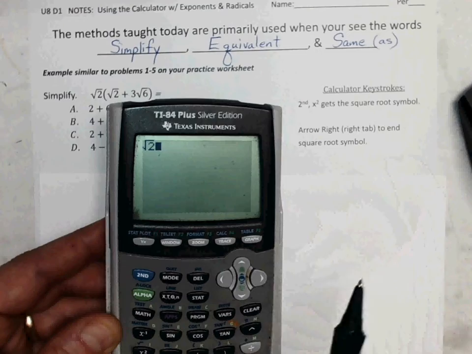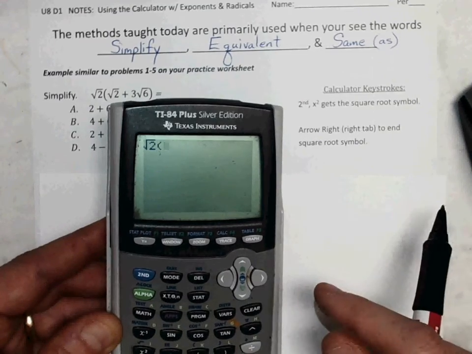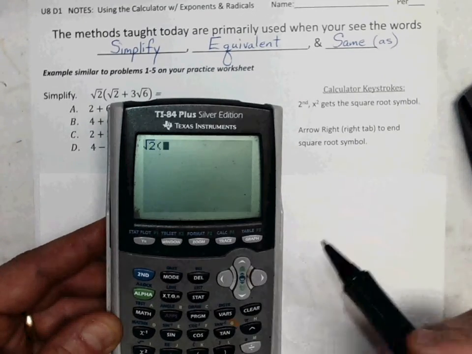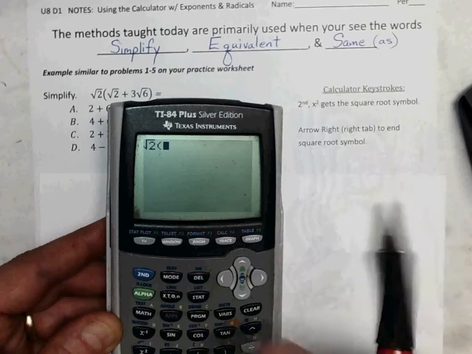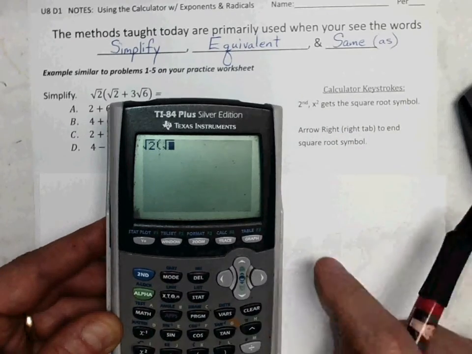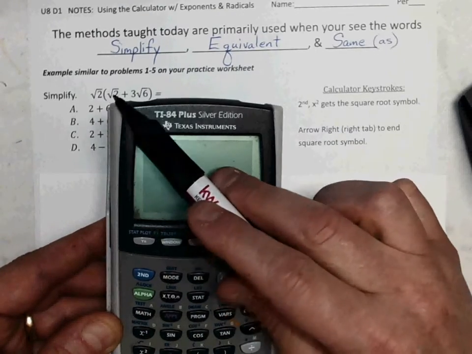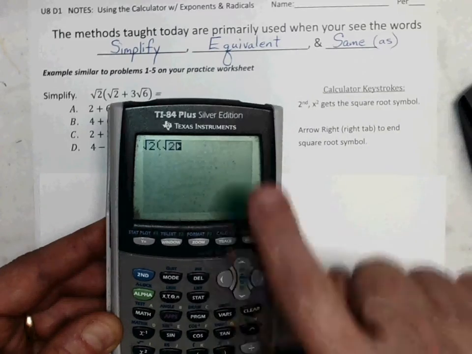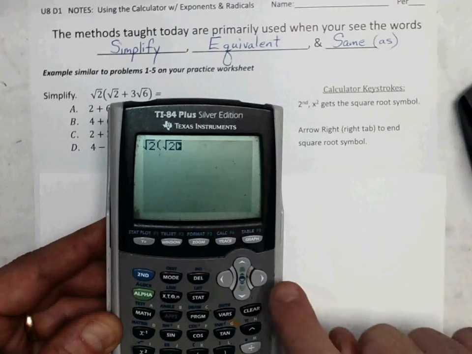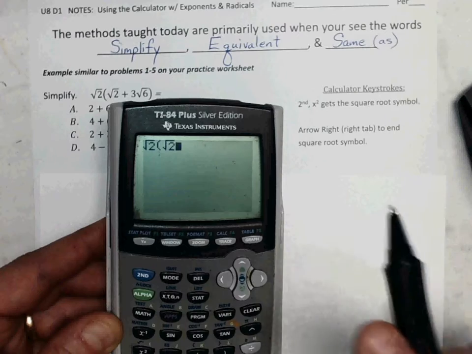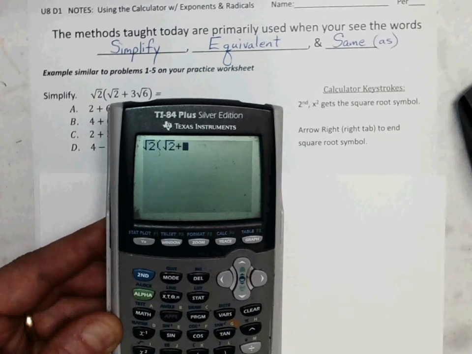Because now I need to type in parentheses. So I type in parentheses. I need another square root symbol. So I'll go over here. I'll do second x squared. There's another square root symbol. I type in another 2. But I need to end that square root, so I will tab out of it. And then I'll do a plus.